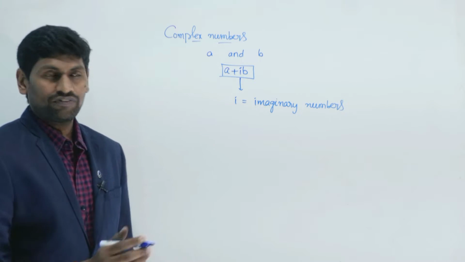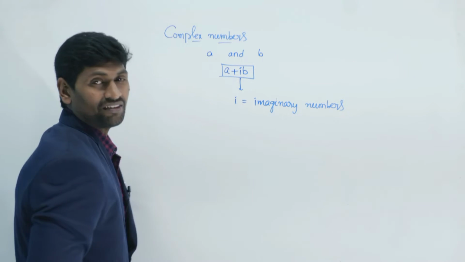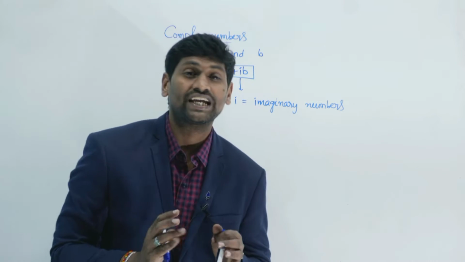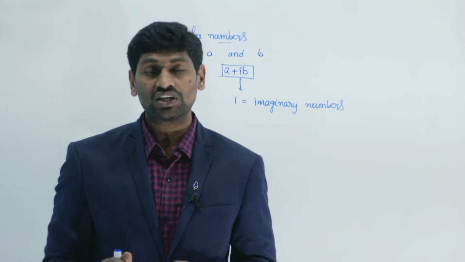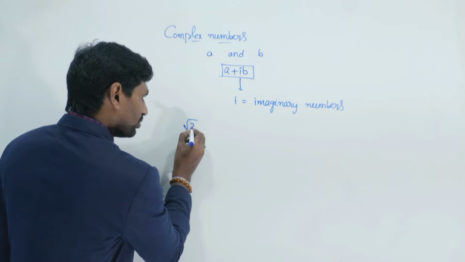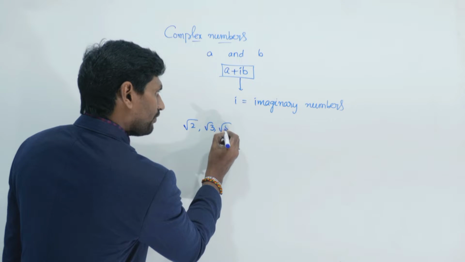For example, in our previous class we discussed irrational numbers. The numbers that cannot be expressed in the form of p by q are called irrational numbers. Example: root 2, root 3, root 5 and so on.